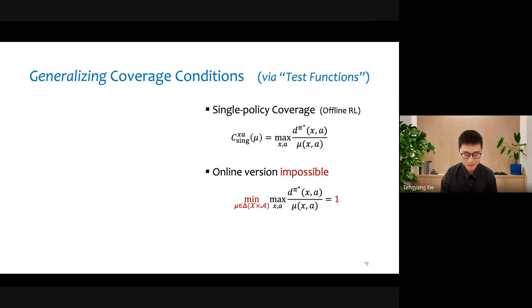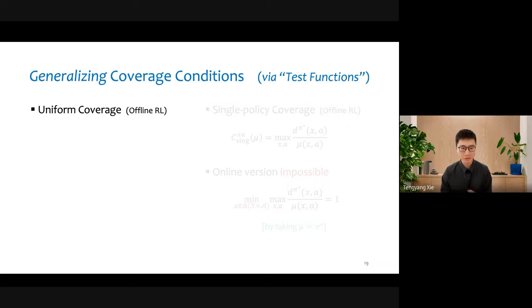The reason is, if we have full flexibility in picking our mu, we can pick mu equal to, sorry, that should be d pi star, which implies the online version of this quantity will be always 1 for any MDPs. So that is impossible.